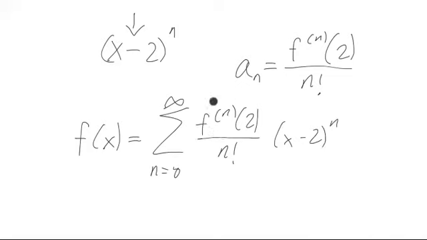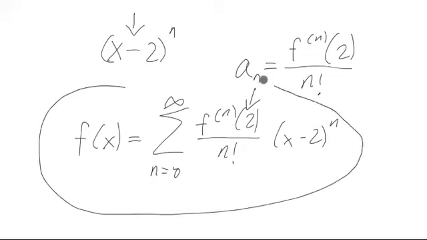All we have to do right here is find the nth derivatives of the function, plug in the center, and then divide by n factorial and multiply all that by x minus 2 raised to the nth power. This right here is the power series representation for f, and we can get it by looking at the different derivatives of f.